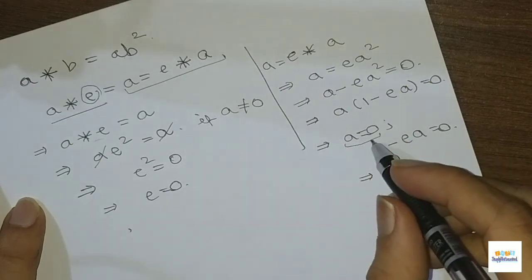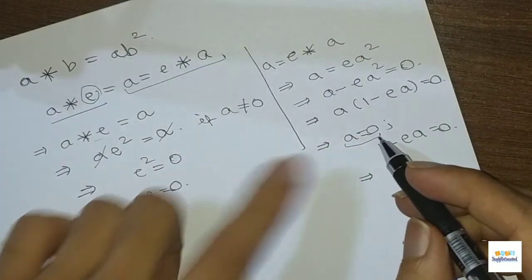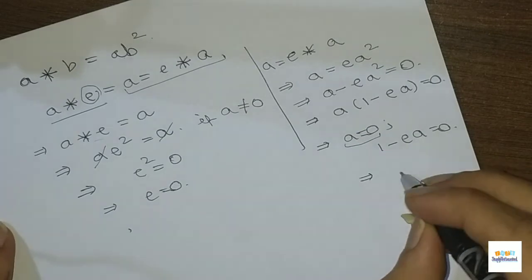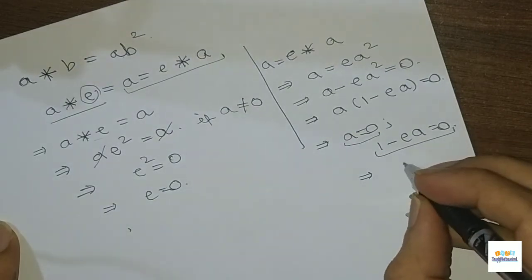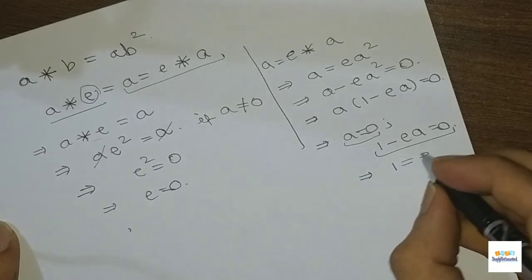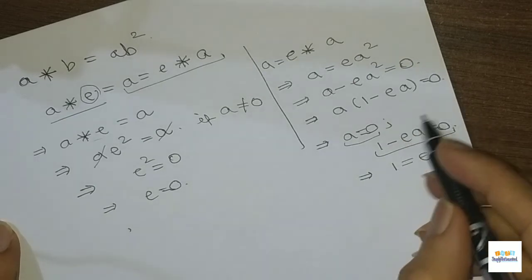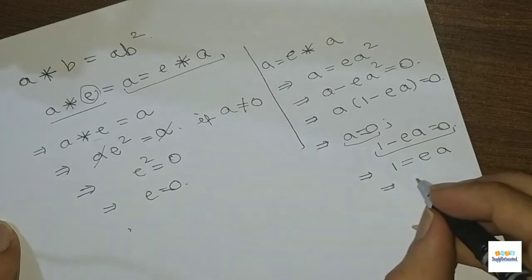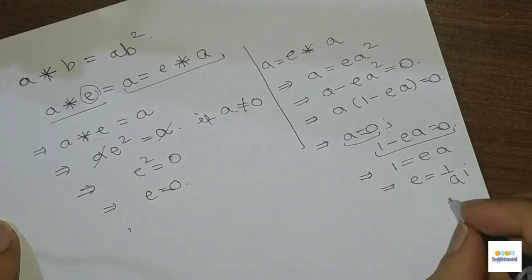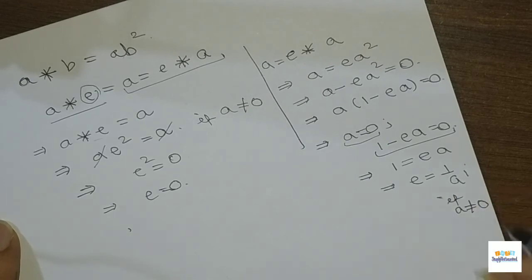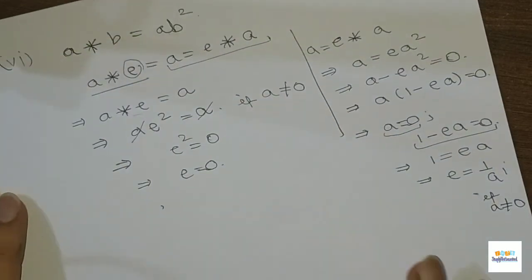This we can discard, we don't want a equal to 0, that will not help us in any way. So we'll look at this equation. What you'll get is 1 is equal to e a. So e is equal to 1 by a, if a is not equal to 0.